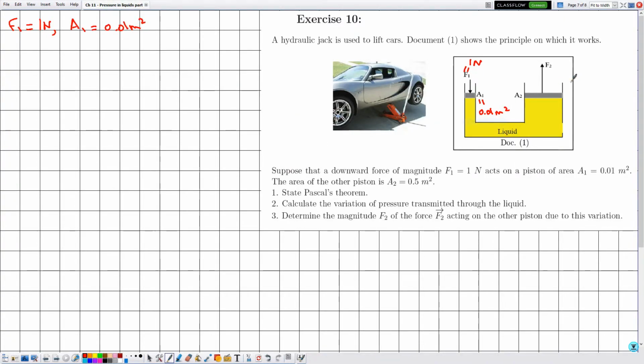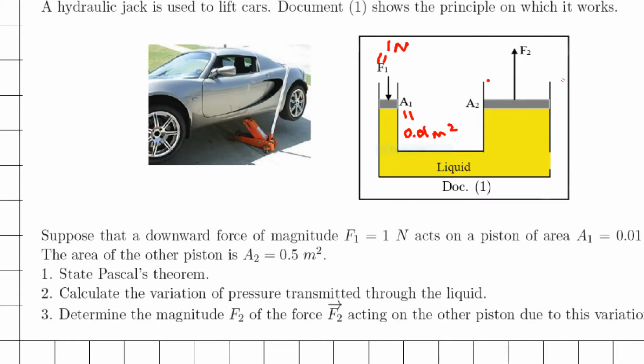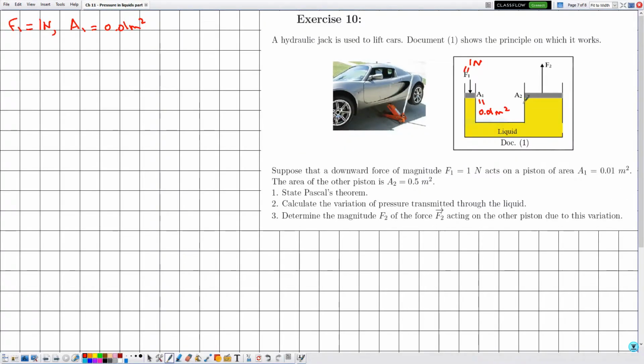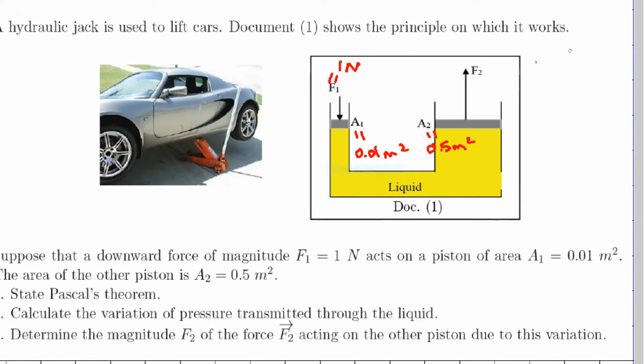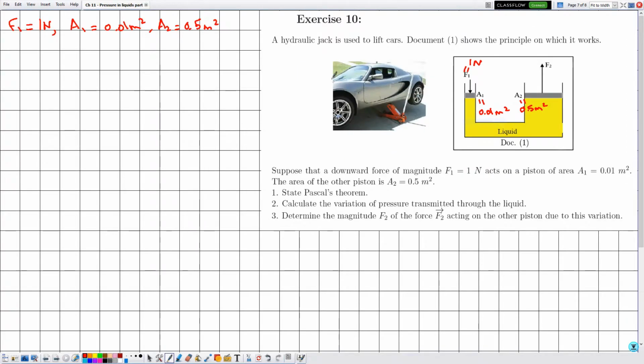The other area of the other piston is A2 is equal to 0.5 meters square. So here in this figure, they are showing the hydraulic jack, and in document 1, they are showing a principle on which this hydraulic jack works.